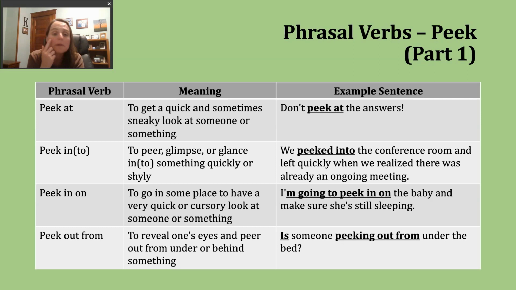And so if you could maybe see just a little bit of their body, you might say, is someone peeking out from under the bed? This is an example of a present progressive or present continuous question, yes or no question. So we're asking a question about something that is happening now.